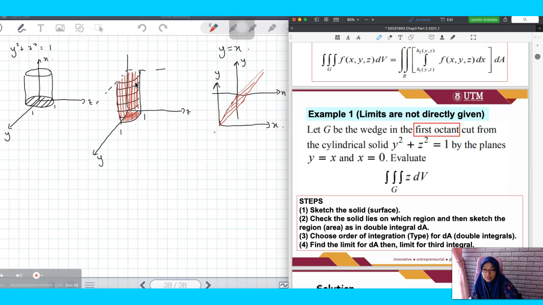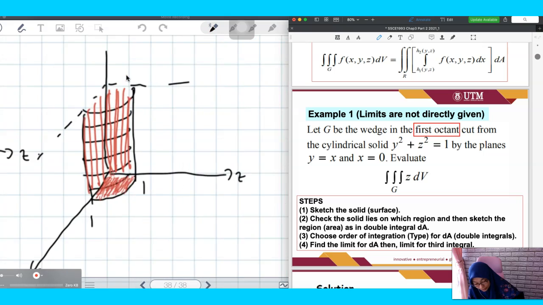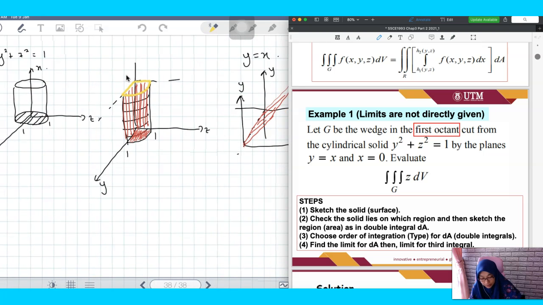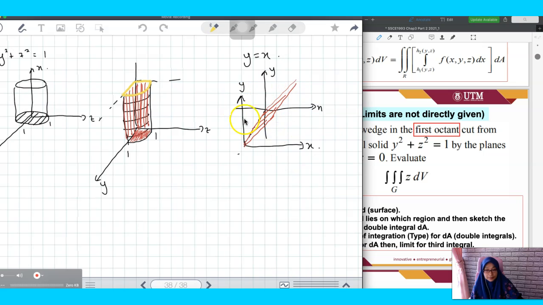Now we can see that down here is closed, the plane back here, y equal to 0, is closed, and z equal to 0 here is closed. But the top here is still open, so how can you make it close? We can close it by using this plane. But what does the shape actually look like?